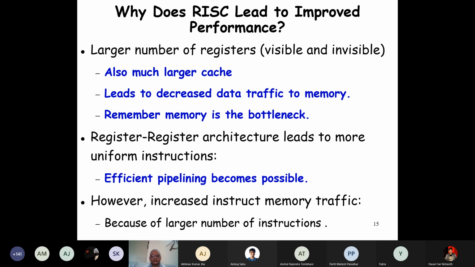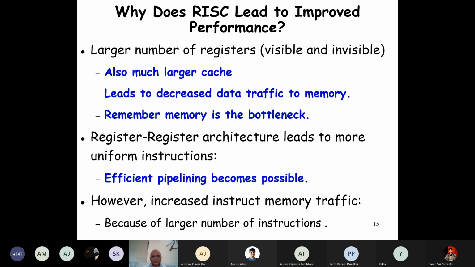I think in this course we will see some use of the invisible registers, but in a higher level course, we will know exactly how these invisible registers help. There are thousands of them, but only 32 are visible, because otherwise it becomes very difficult for the assembly programmer and the compiler to manage thousands of visible registers, and they also don't become very useful because we don't have that many operands and that much data. We can better have them in cache.